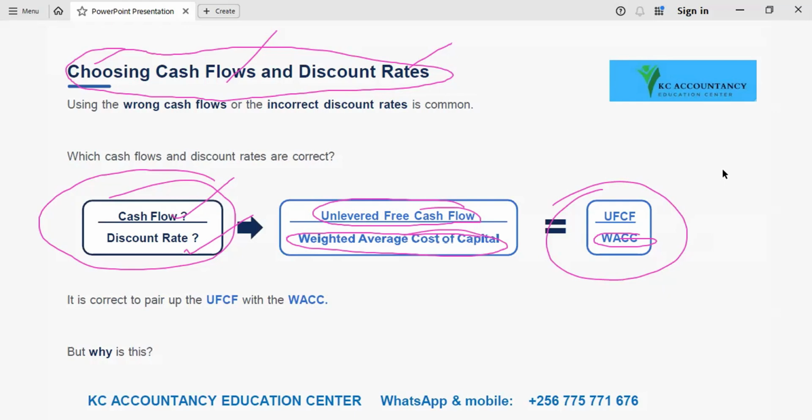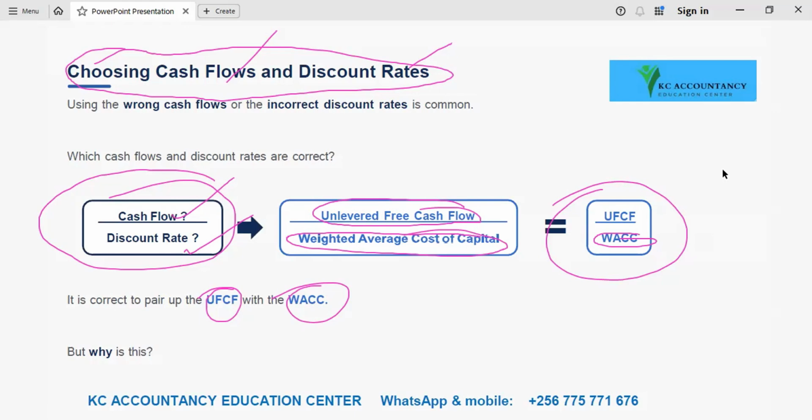So we pair up the unlevered free cash flows with the weighted average cost of capital. We pair this one and this one. But memorizing these formulas is something else. What we want to do is get to the bottom of this.